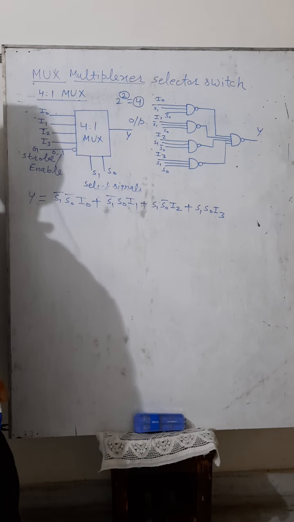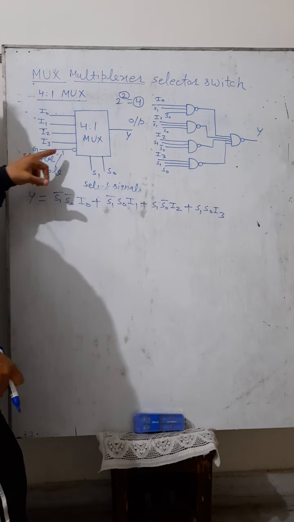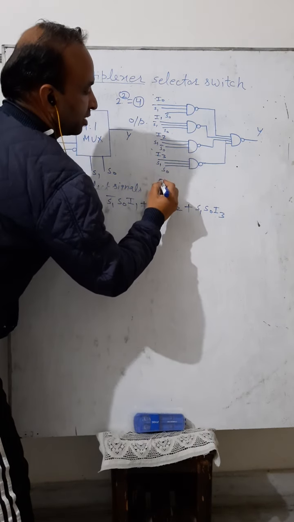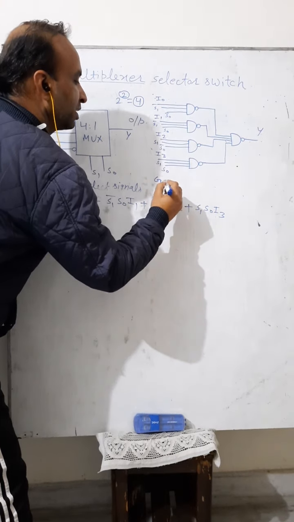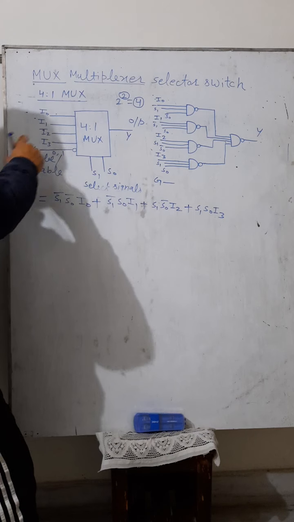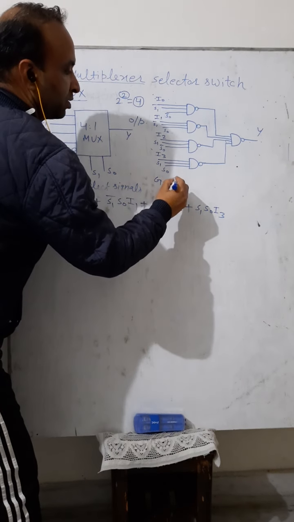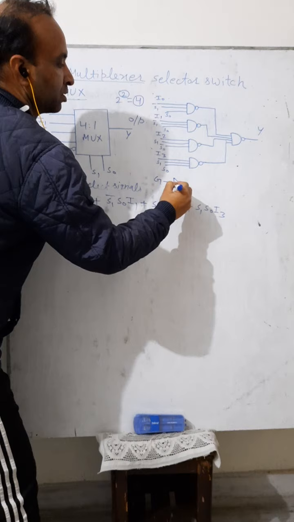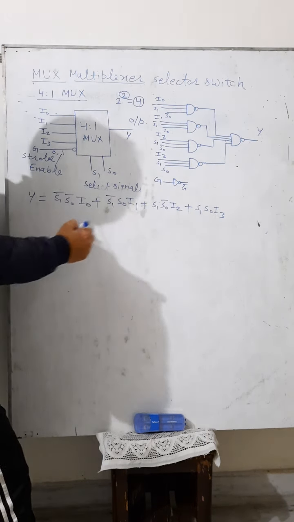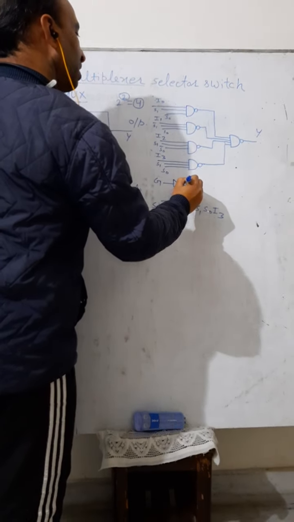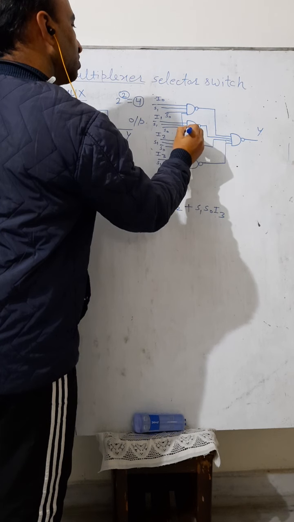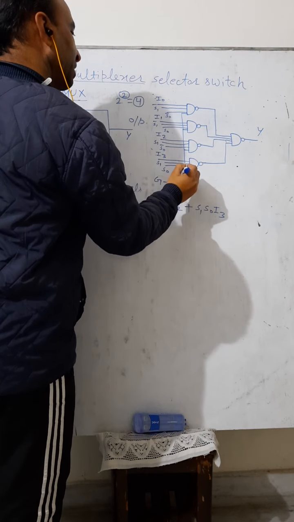Now what will be the role of G? It is the strobe signal. Here we take this strobe signal G, because this will be an active low signal, so G bar. We take G bar and connect it as input to every available NAND gate.